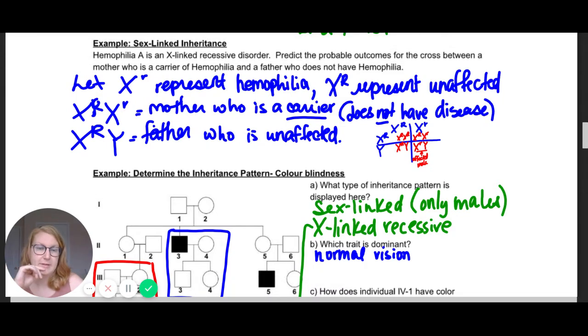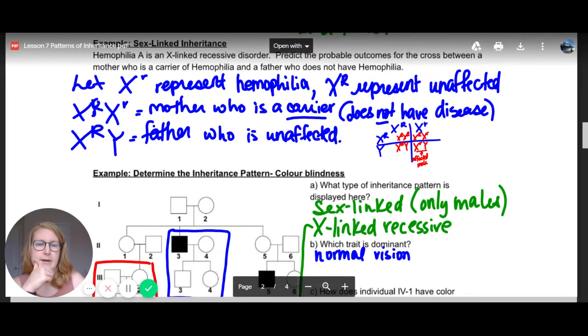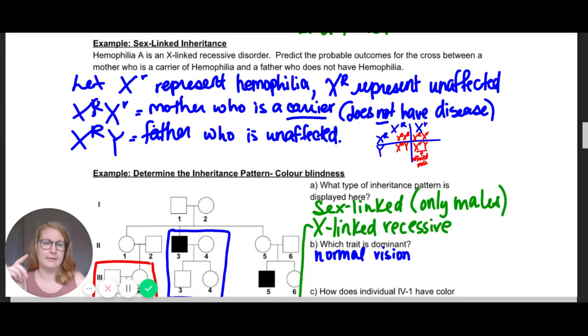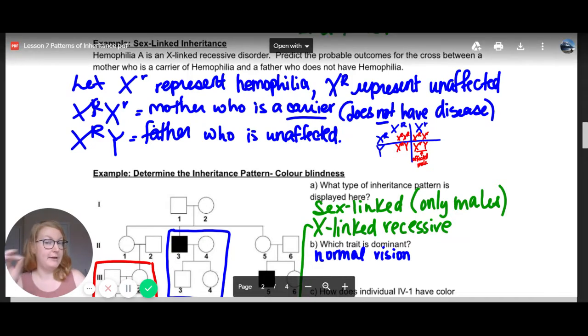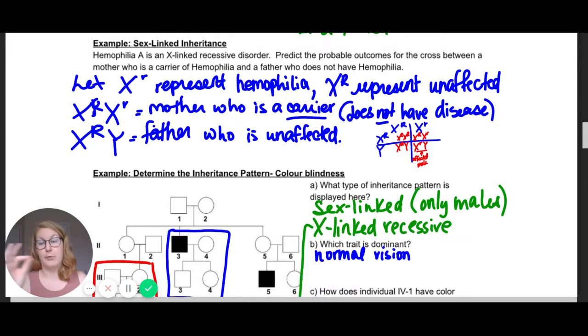If you look at my Punnett square, and I know it's a little bit small here, you'll have the cross between male and female that we've listed. When I cross those, I see in the top row I have females. Both of these females are unaffected because they both have present that dominant allele of X capital R. So those females are unaffected.